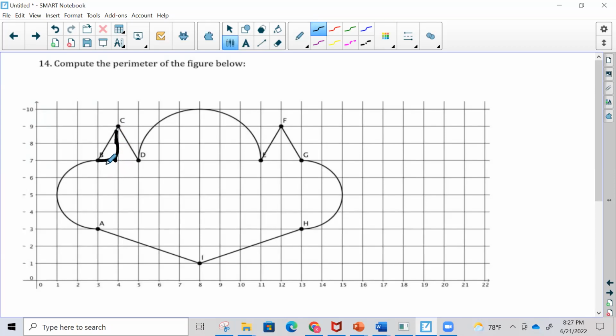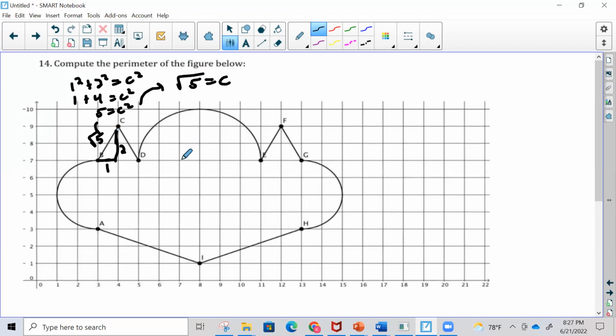So this side, if we count it, is 1, this side is 2, and then if we call this side C to find it, we would do 1 squared plus 2 squared equals C squared. And then we get 1 plus 4 equals C squared. So we get 5 equals C squared. And then to solve this, we always take the square root. So we'd have the square root of 5 is equal to C. So this is square root of 5.